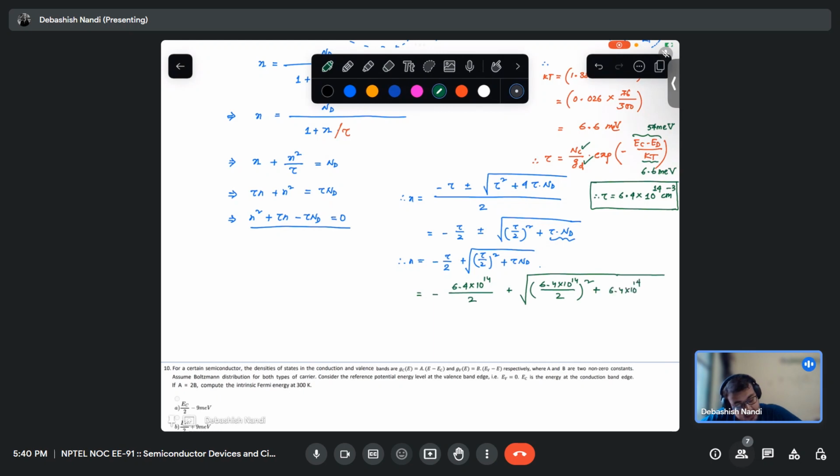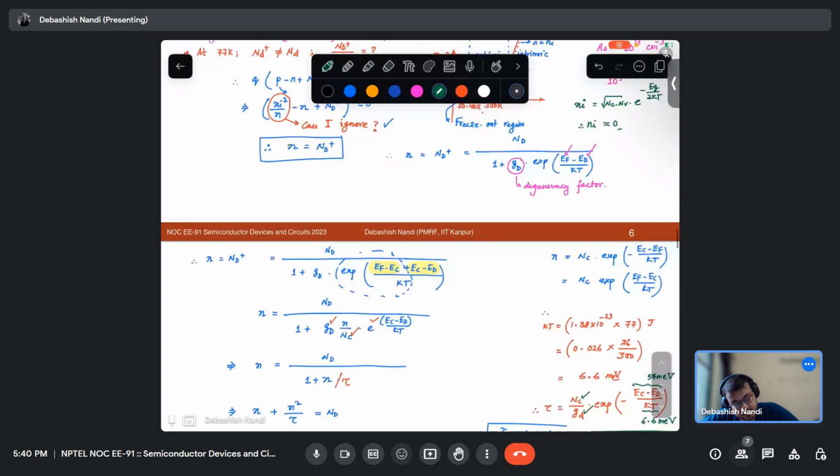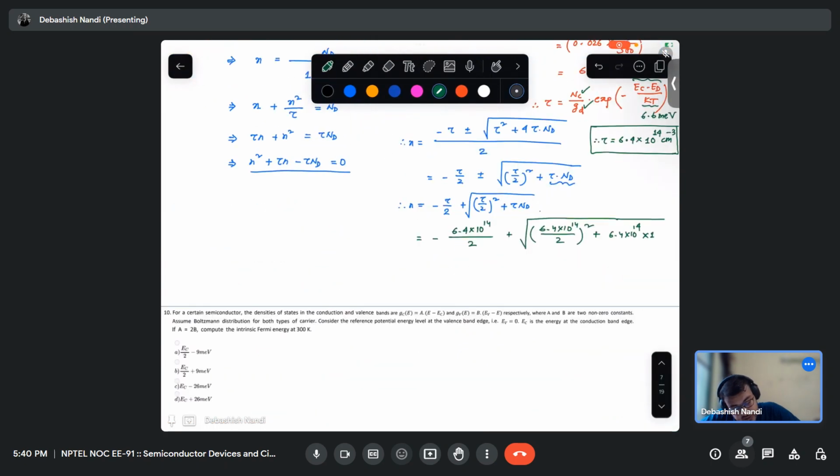And what is your ND? ND was your 10 raised to 16, right? So 10 raised to 16. If you compute this quantity, you will find your N to be 2.23 into 10 to the power 15 centimeter cube.